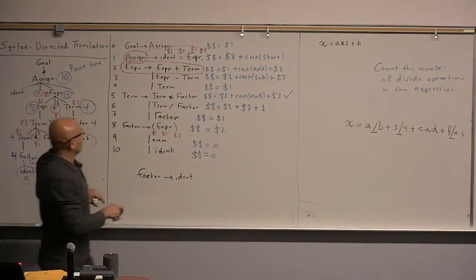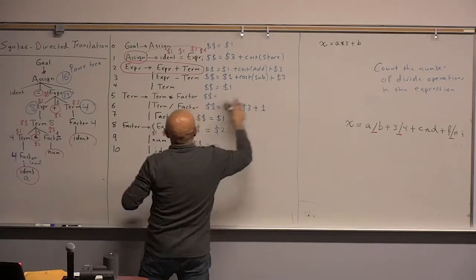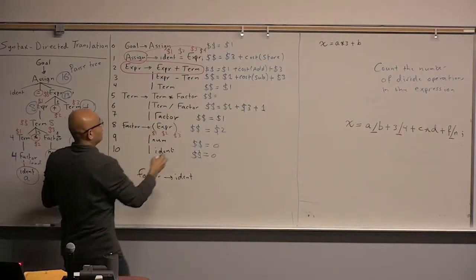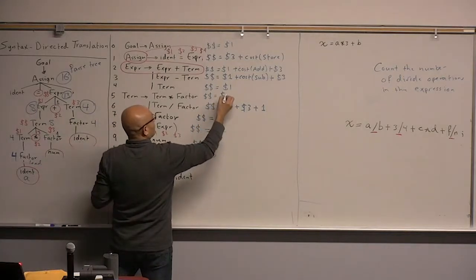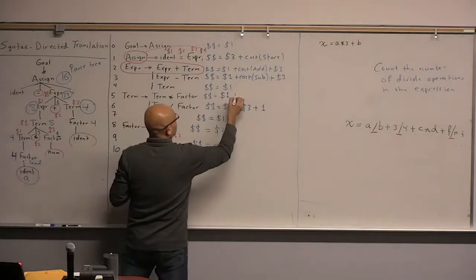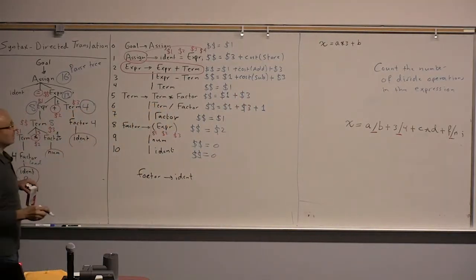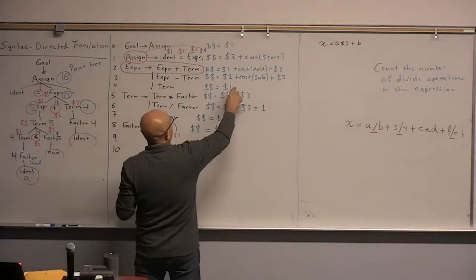Okay? So now what should we do here? Just same thing. Put a 0. So $sign 1 plus $sign 3. This is the same as multiply, so we just pass up.